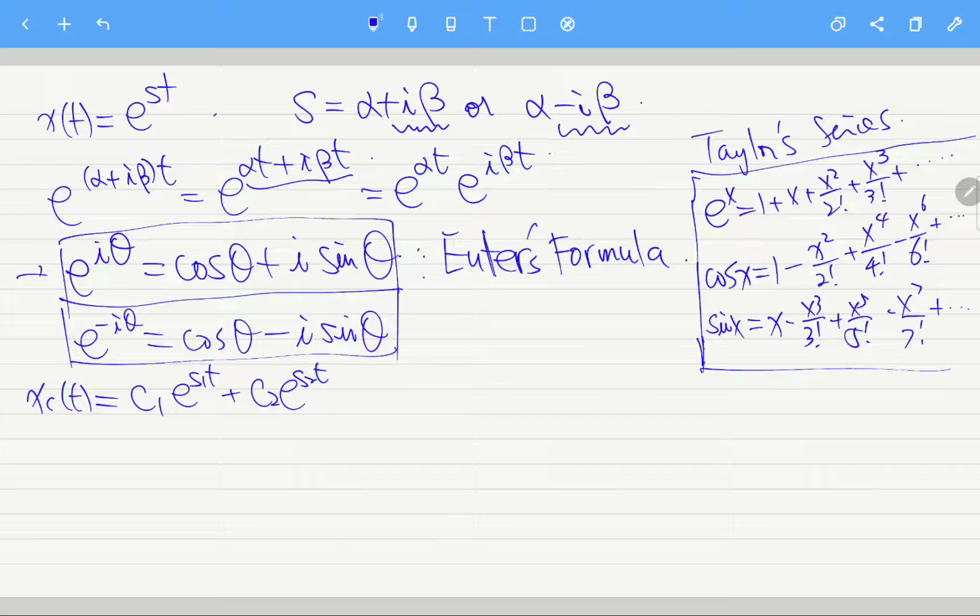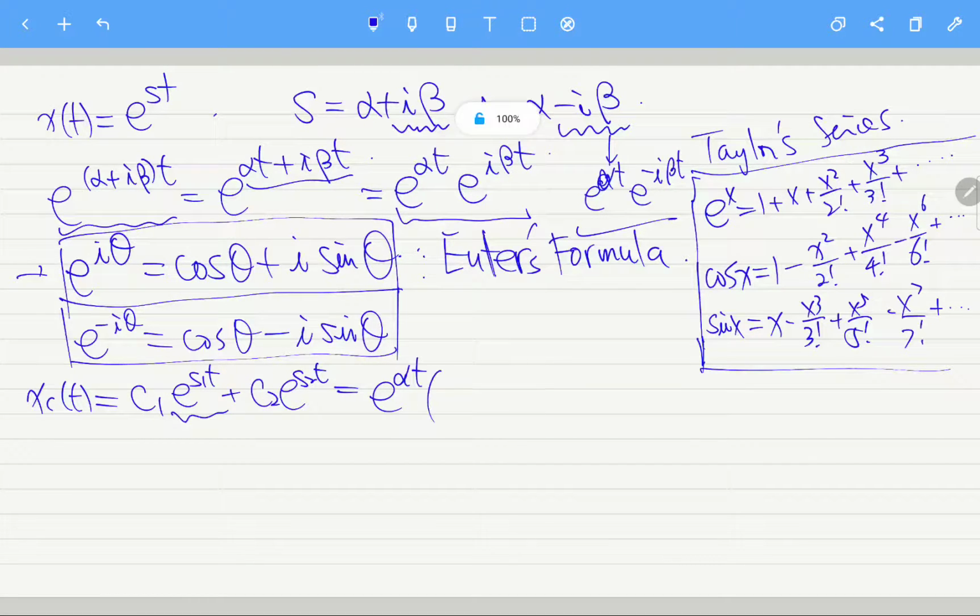We have the first one to be this one, and for the other one it will be exponential to alpha t, exponential to minus i beta t. Which means we can factor exponential to alpha t out, and then we have c1 exponential to i beta t plus c2 exponential to minus i beta t.